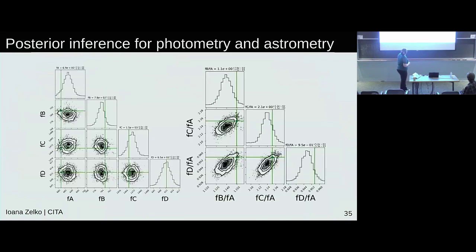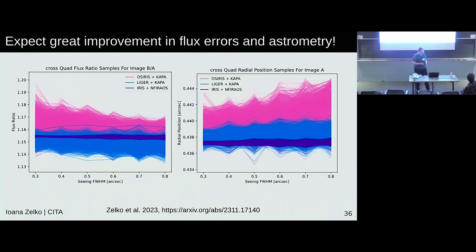So these are the posteriors on the photometry from the resulting measurements, and this is a comparison between the different stages of the experiments. And what's very helpful here is that we can actually tie these flux ratios to what we hope would be inference on the halo mass function itself.